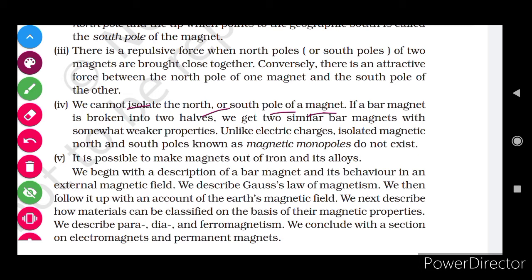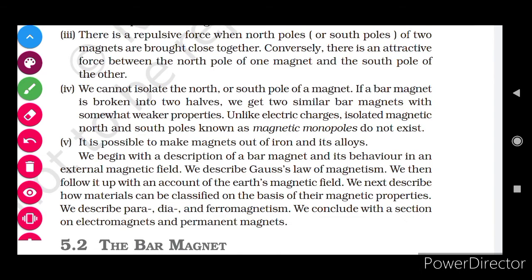The second law is that magnetic monopoles do not exist. Unlike electric charges, isolated magnetic north and south poles, known as magnetic monopoles, do not exist. We have seen that electric charges can be isolated, and we get a single electric charge, but we cannot get monopoles. There will always be a dipole of a magnet.